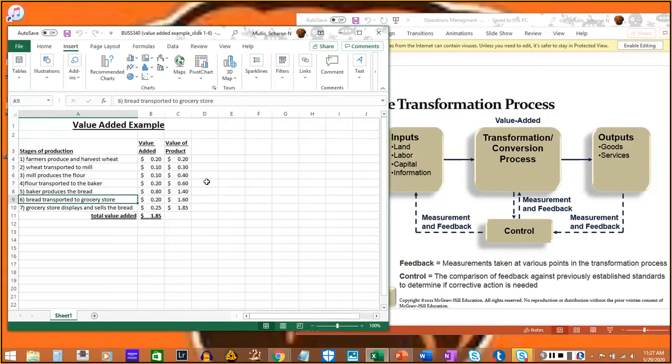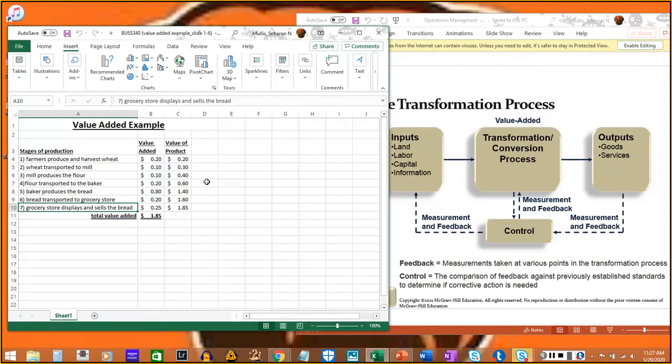Information is what does this grocery store want exactly? Do they want wheat bread? Do they want white bread? Do they want whole wheat? It's all these different things that they'll get feedback from, and then based off of that feedback, the grocery store will tell the baker, well, this is what we want. Send that. So that adds 20 cent to the product, which brings us to a total of 160.